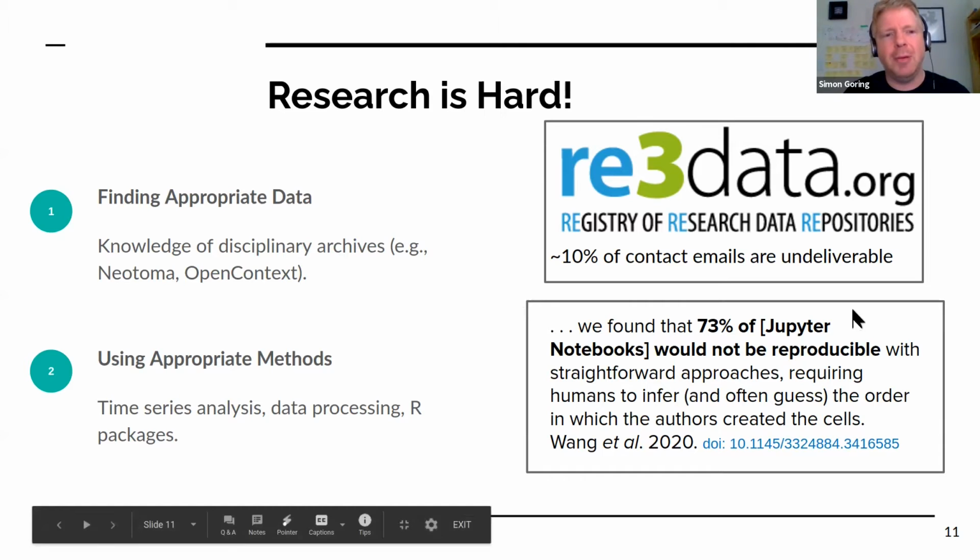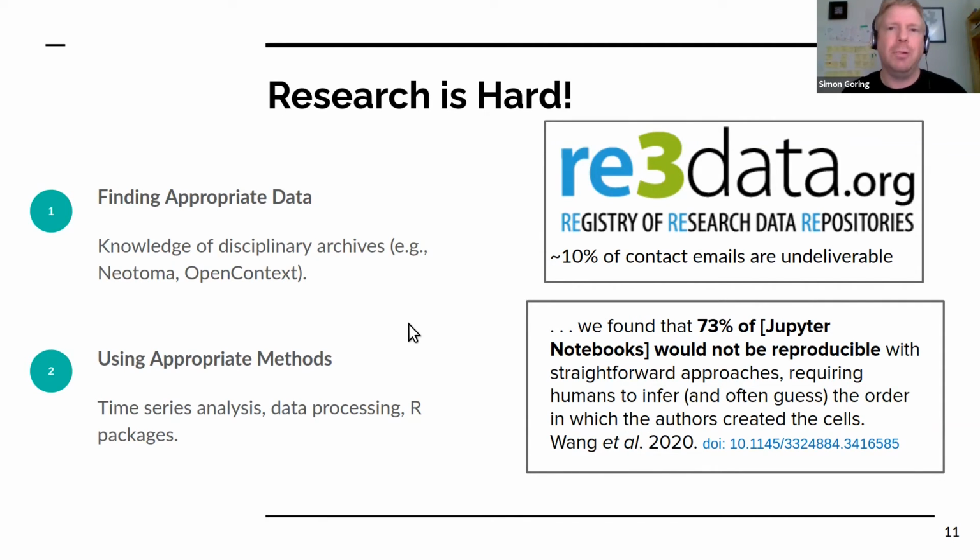In addition, thinking about reproducibility and appropriate methods, a paper came out just last year that looked at Jupyter notebooks on GitHub and found that 73% of them were not reproducible if you just went to them and tried to run them. And I think this is really critical. A lot of people talk about Jupyter notebooks as the gold standard, and yet we're still not doing the things we need to do to allow people to reproduce our work.